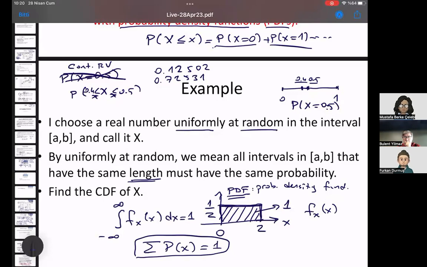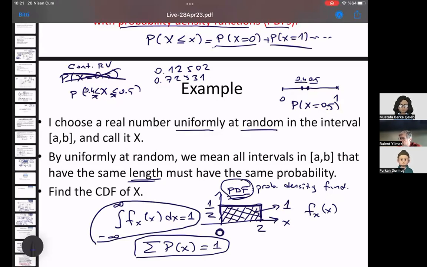But in continuous random variables, we don't add them up. We use integration, okay? Integration is a different way of adding up. So the area under the continuous random variable PDF should be equal to 1.